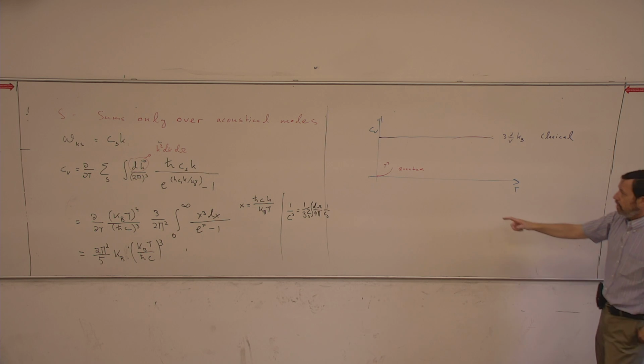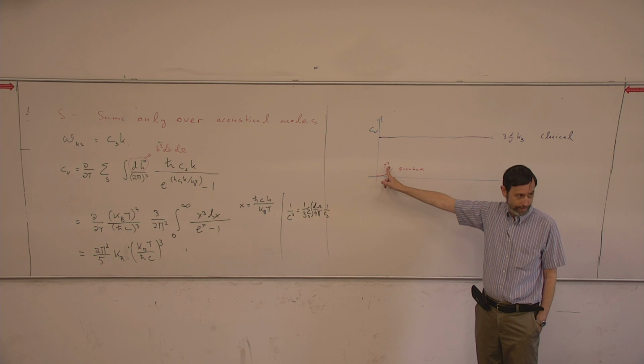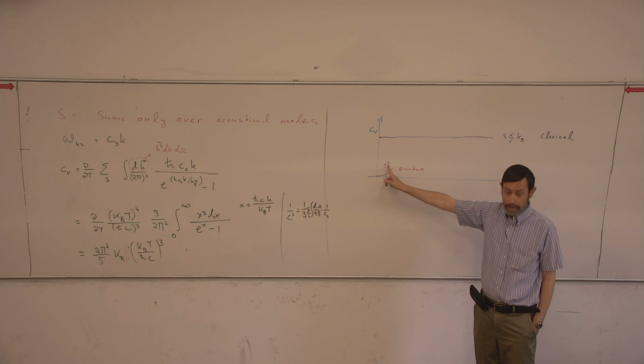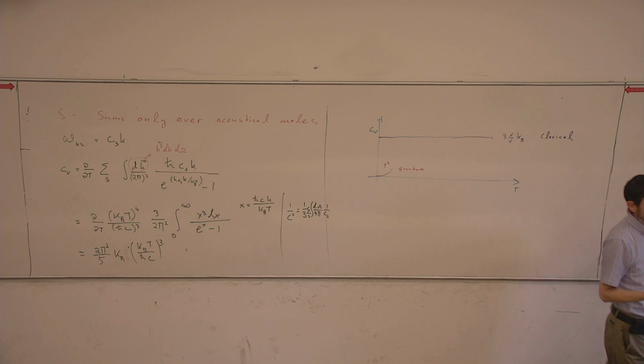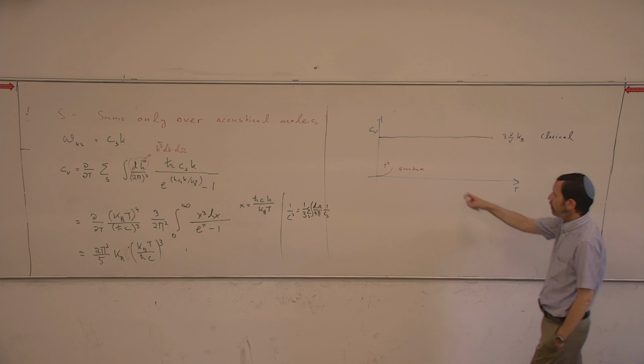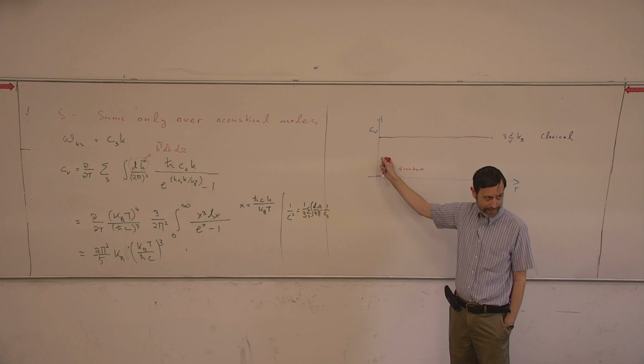It goes up as t to the third for small t's, approaches the classical value at large t's. Heaven knows what's happening here.